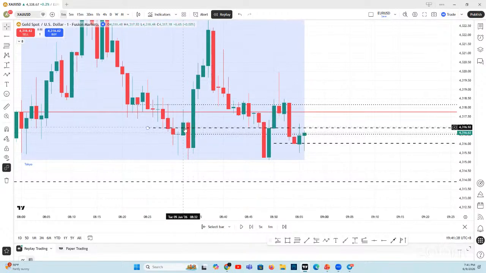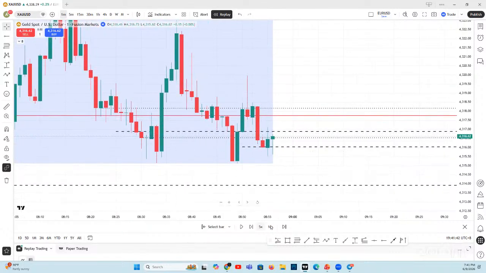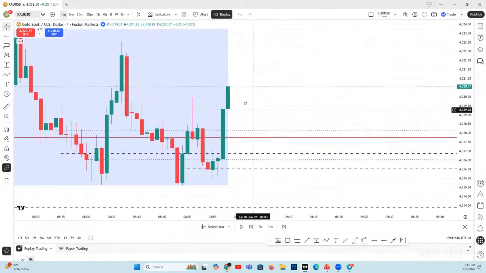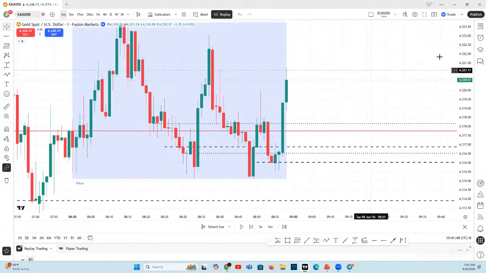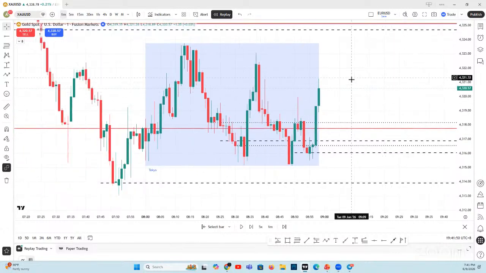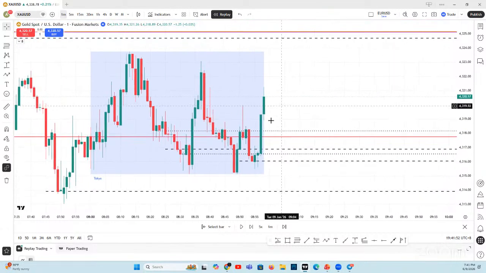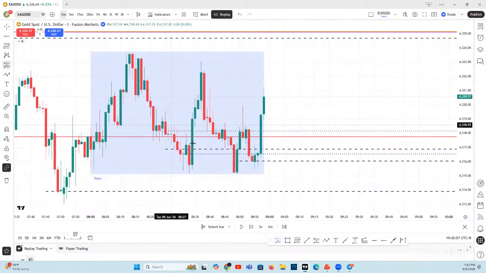You see all this support in M5? It's acting as the support now, right? You see? And then there, the final push here, breaking this traditional SNR again. Right, guys?